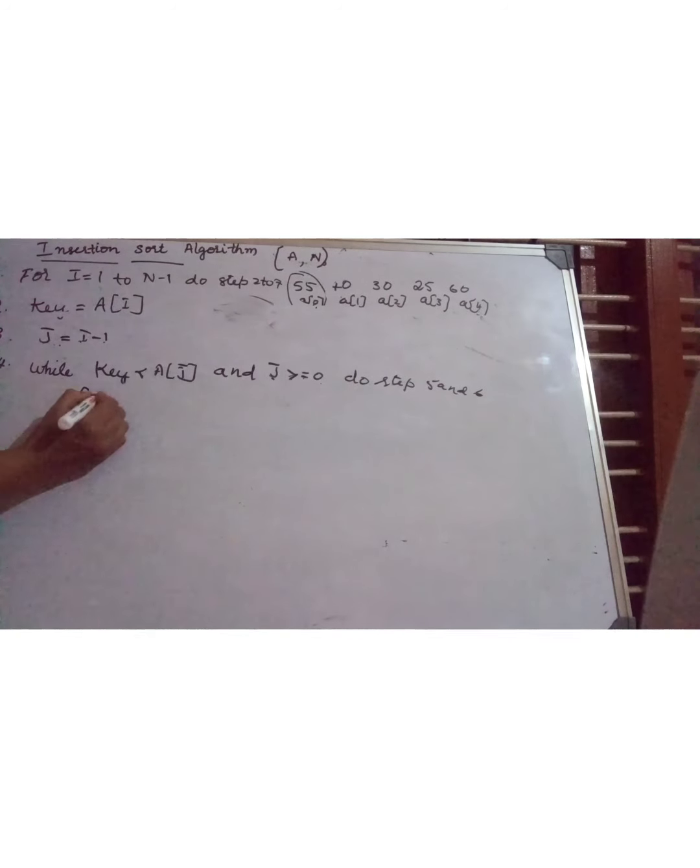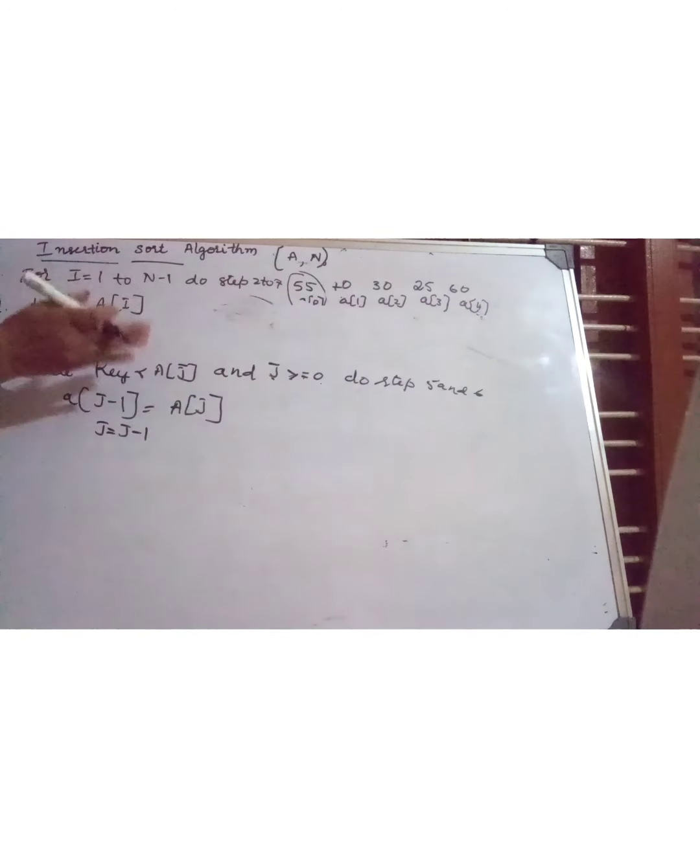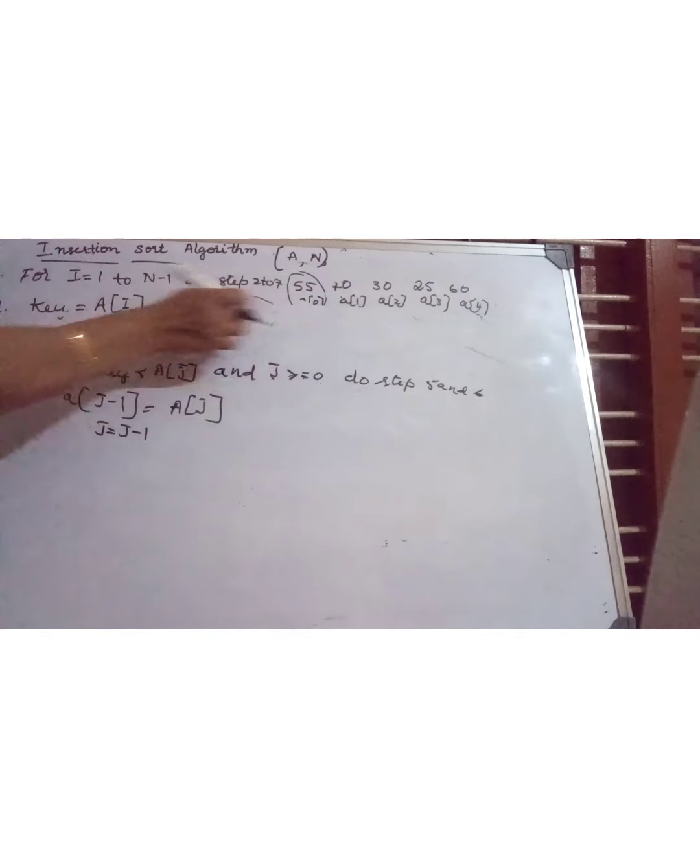A of J plus 1 is equal to A of J. This is very important. J is equal to J minus 1. That's how each time my unordered list will be less and the ordered list will start increasing. That's how the algorithm says.